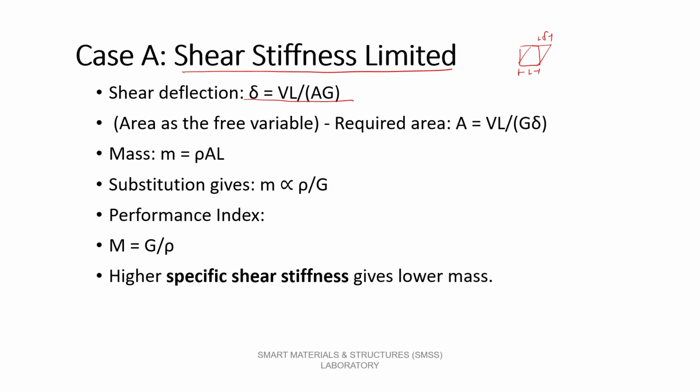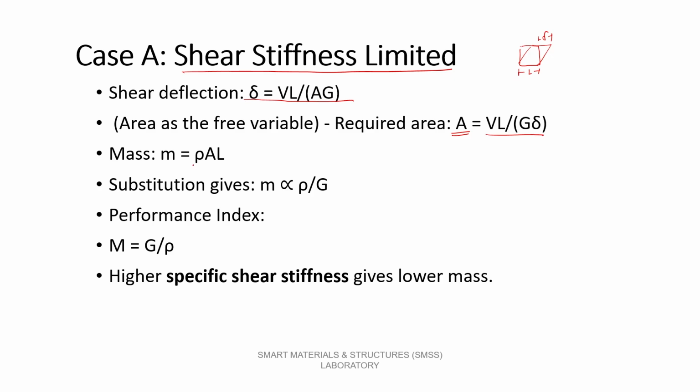If you do that, you are going to get this relationship. Okay. So, that is the shear deflection, and in this case area is the free variable, because it is not a shaft, it is just the area. So, that area will now become VL over G delta, because your shear deflection is limited.